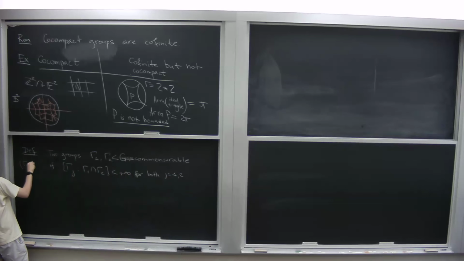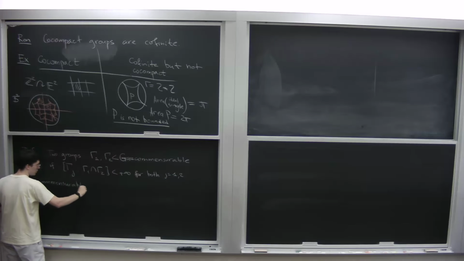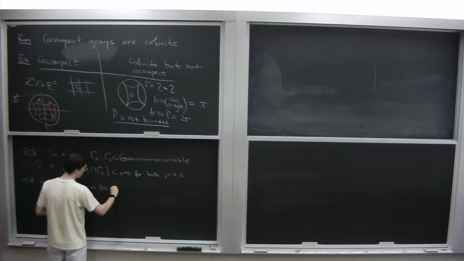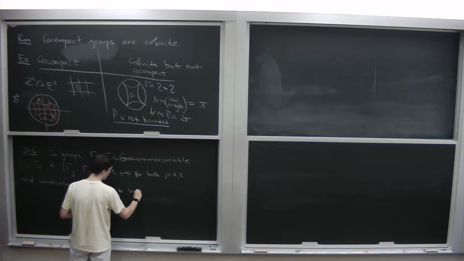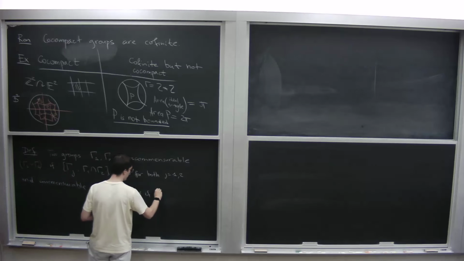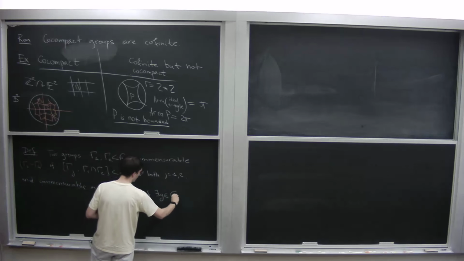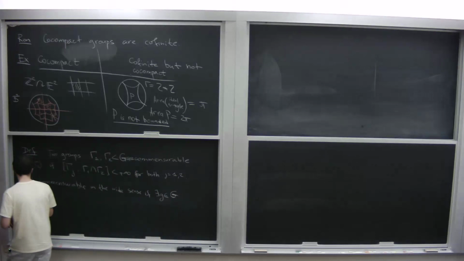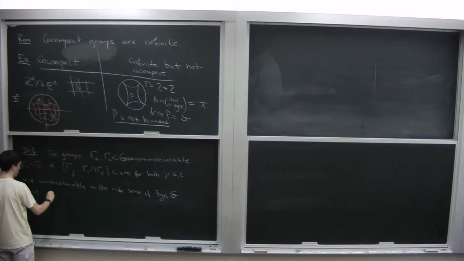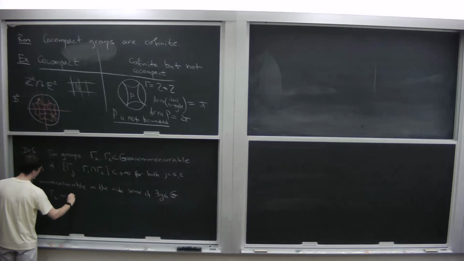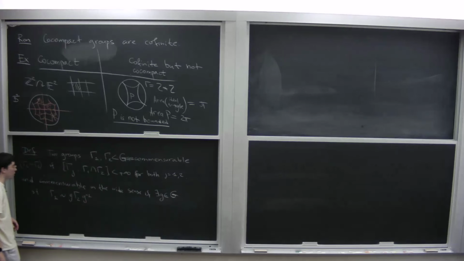So the notation is this, gamma 1 tilde gamma 2, commensurable in the wide sense, if there exists some G in the full isometry group such that gamma 1 is commensurable in the standard sense with G gamma 2 G inverse.